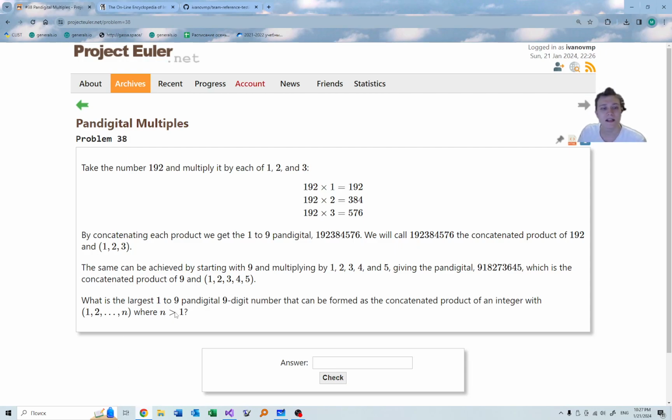Okay, see, since n is greater than 1, so n is at least 2. And this means that in the first number among these, you should have at most 4 digits. Because if you have at least 5 digits, then in the next number you also have at least 5 digits.